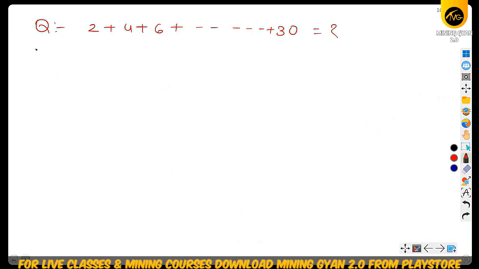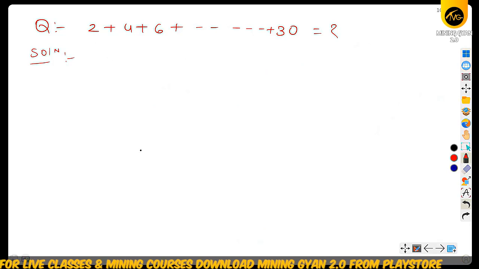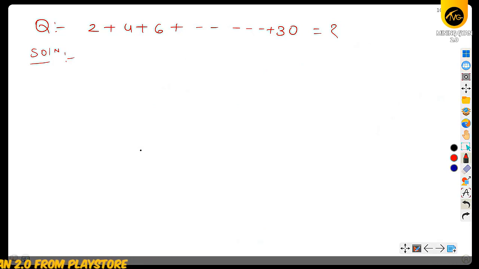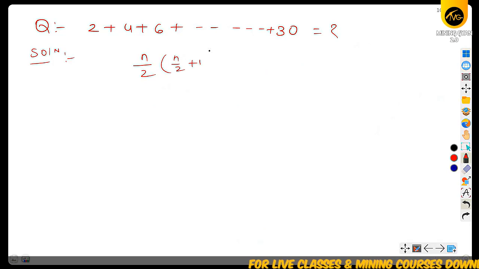Now the second one: the given series is 2 plus 4 plus 6 plus and so on up to 30. Right? This is basically even numbers. Again you just use the formula to find the sum of even numbers, that is n divided by 2 into n divided by 2 plus 1.